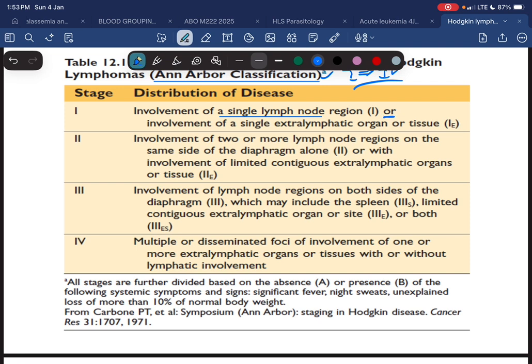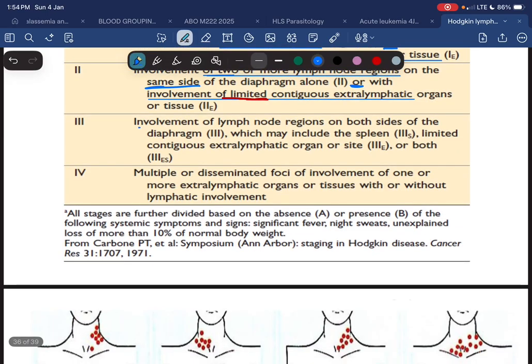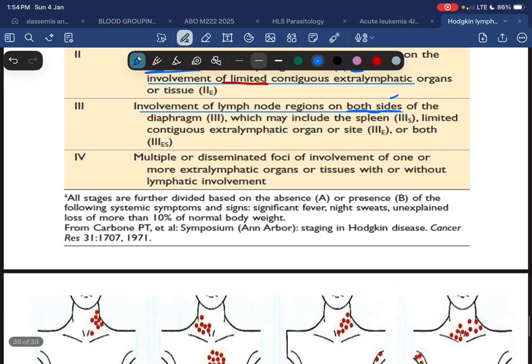Stage 2, involvement of 2 lymph node regions on the same side of the diaphragm, or involvement of limited contiguous extralymphatic organs or tissue, the word limited, okay. Stage 3, involvement of lymph node regions on both sides of the diaphragm. Stage 4, multiple disseminated foci of involvement of 1 or more extralymphatic organs, disseminated involvement.